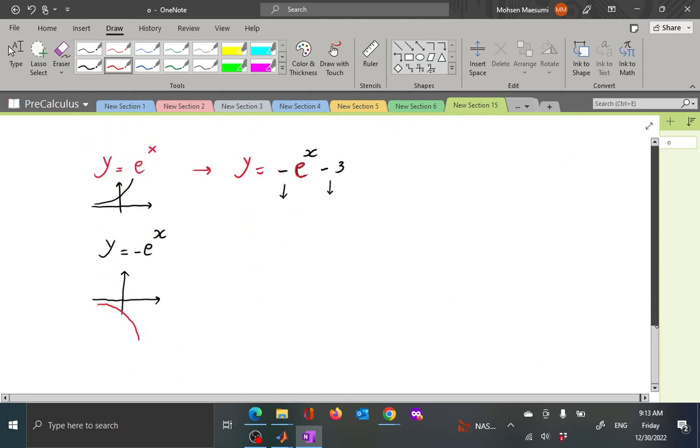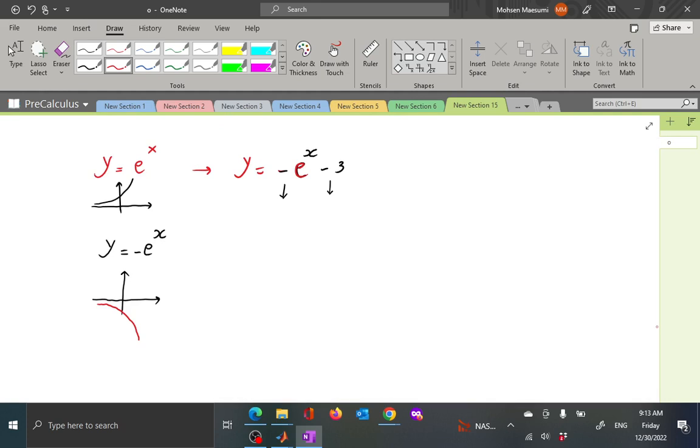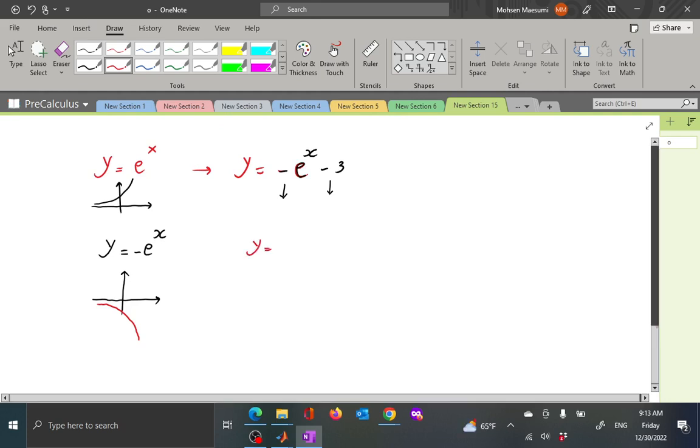what do we want to do? We want to subtract 3 from our function. So how is that going to be done? Subtracting 3 from a graph that you already have is the same as dragging it down by 3 units. Well, the one problem with the exponential is that it's kind of a slippery curve.